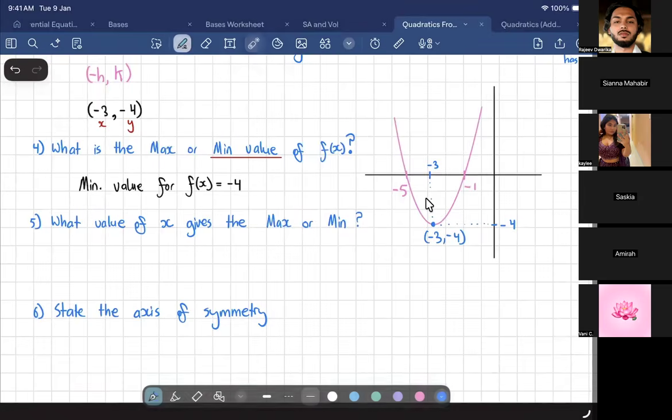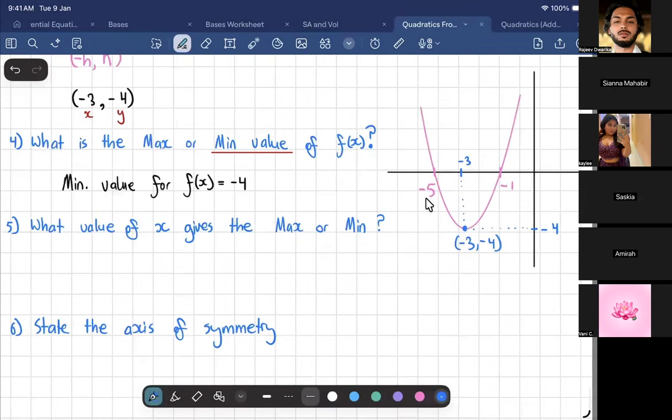Number 5. What value of x gives the minimum? Now again, we have a min, right?